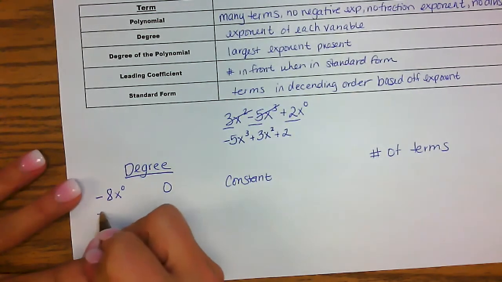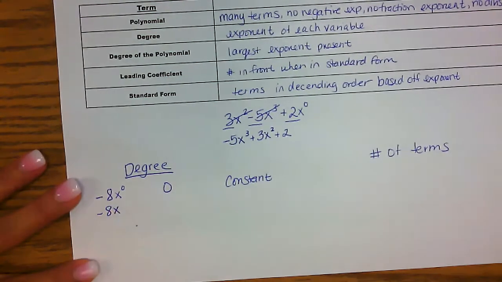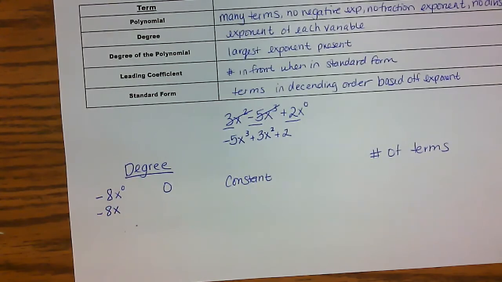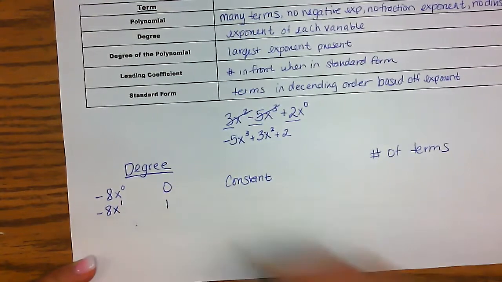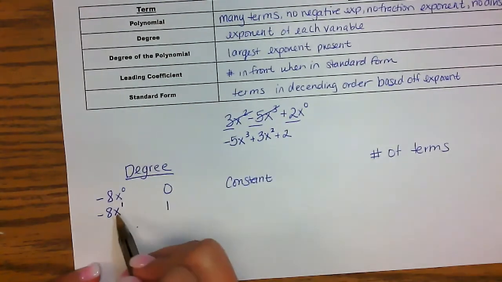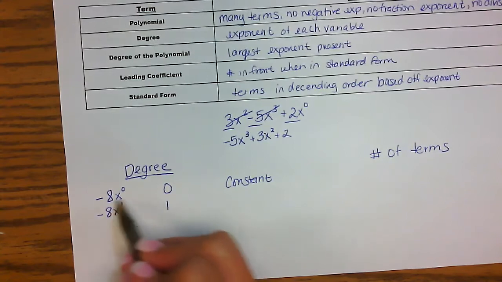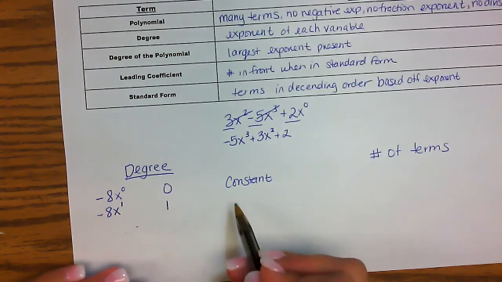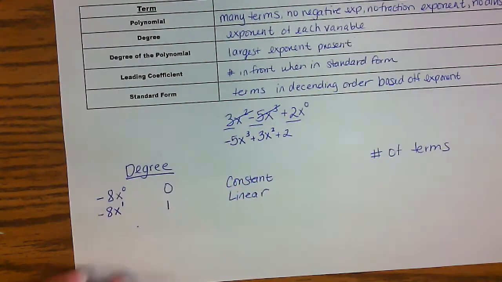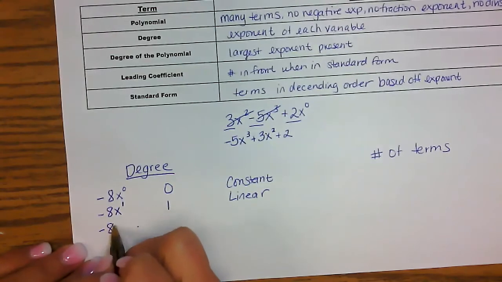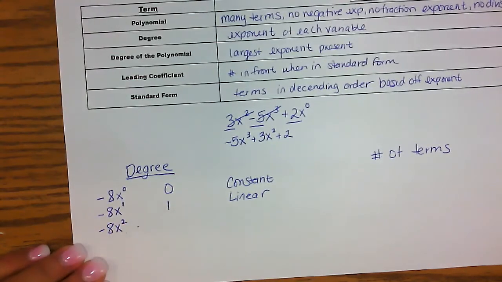Next, let's say we have an x, so it's just -8x. What degree is that? Well, the exponent is 1, so we're going to say the degree is 1, and if there is an x, there's always an understood 1 there. That is linear. Then let's add another x, making it x squared.